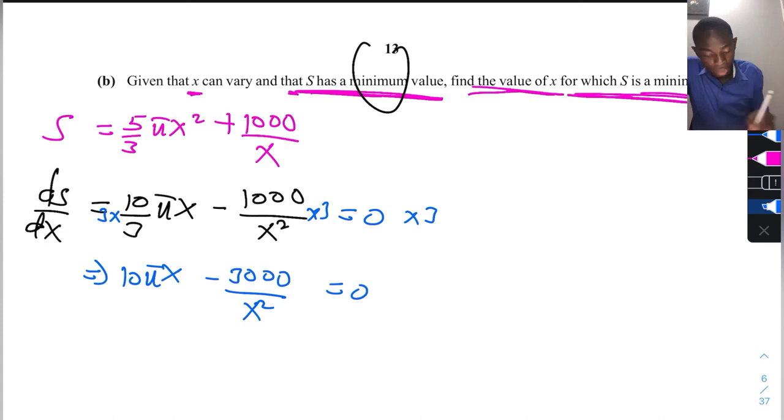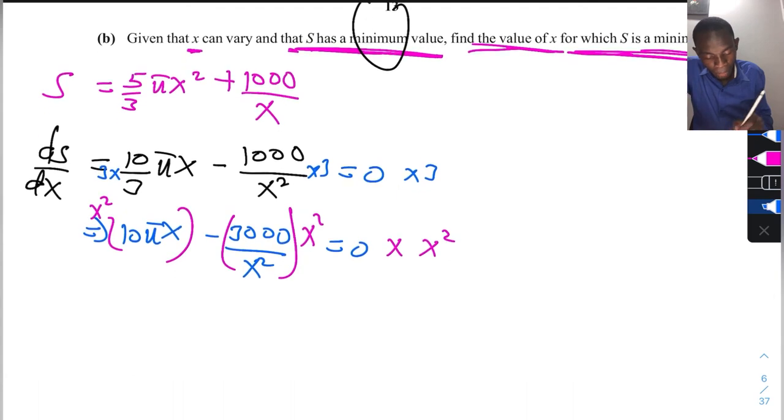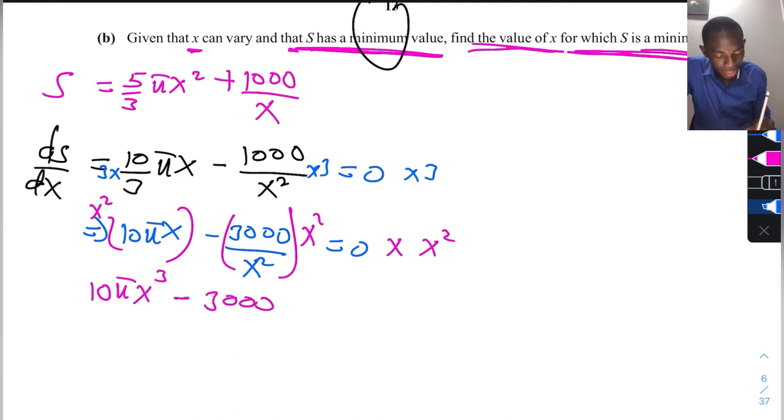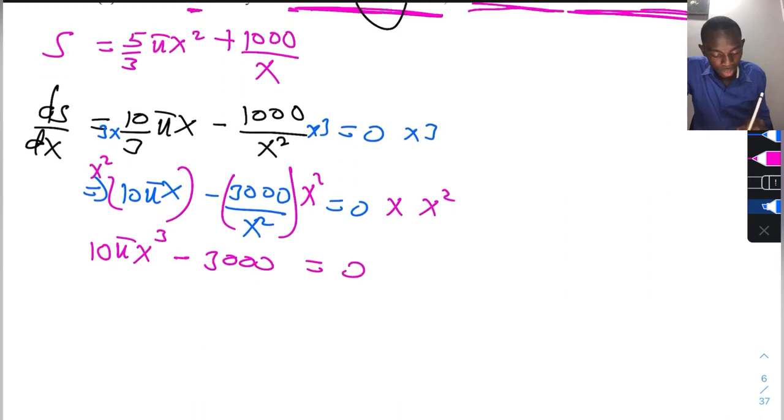Then you can later on decide to multiply by x squared. So this place times x squared, this whole thing times x squared, this also times x squared. All right, and then you are going to have 10 pi x cubed minus 3000 is equal to 0.